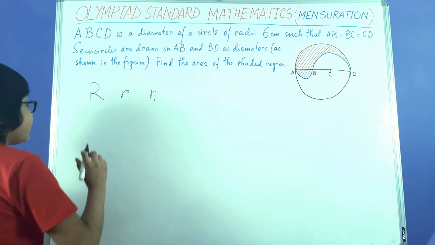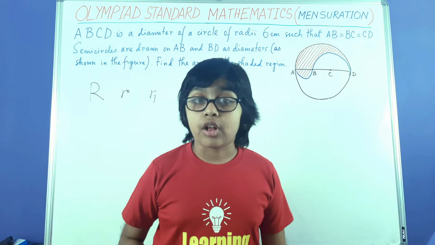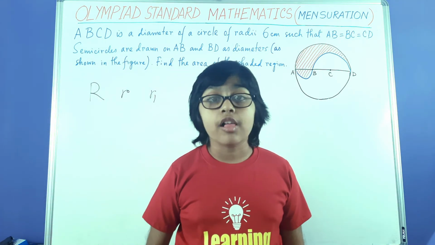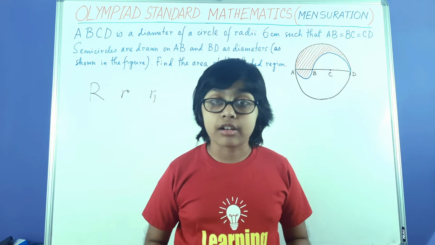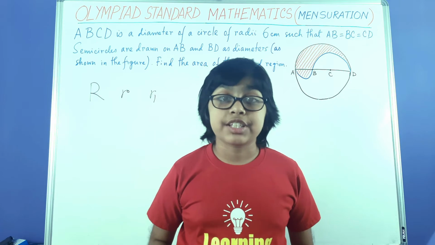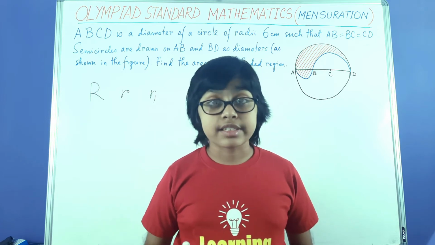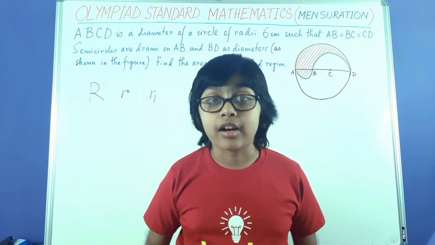So what is the area of a semicircle? That is half the area of the circle, and the area of the circle is pi r squared. A semicircle is half of a circle, hence half pi r squared.